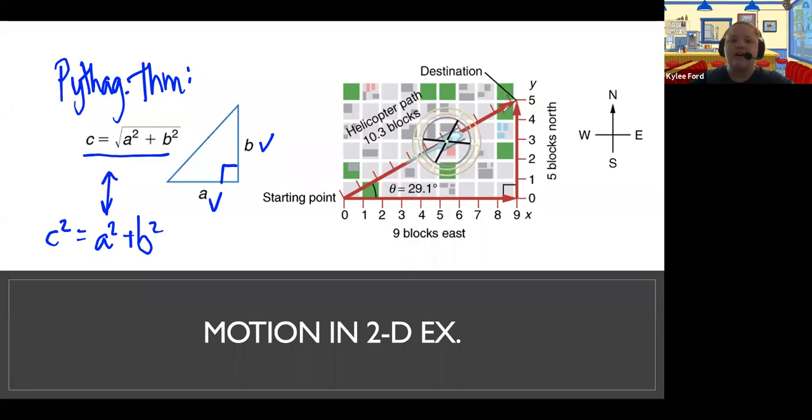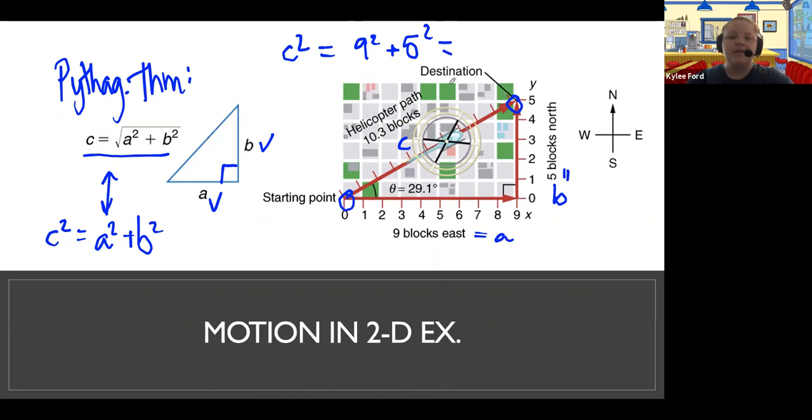So if I were in a helicopter and I wanted to know how many blocks I would have to travel to get from my starting point to my destination, I can do that through the Pythagorean theorem. You might not think that we use math all the time, but we definitely do. So if I wanted to solve for that, I know it gives me the answer, but we can still do this on our own. If I'm calling this C, my A is 9 blocks, so I'm going to say 9 squared, and my B is 5 blocks, so 5 squared.